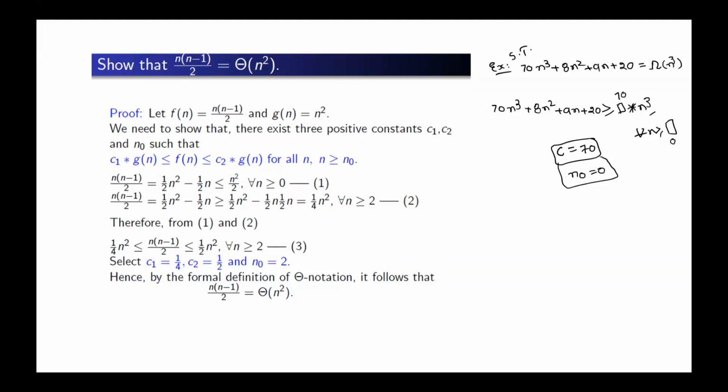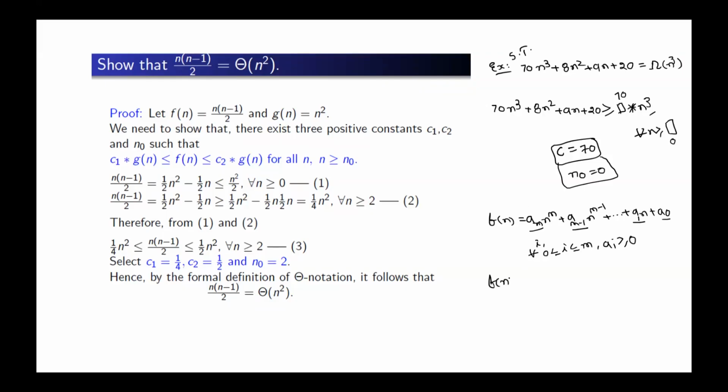What I'm saying is, if f of n is something like a m n power m plus a m minus 1 n power m minus 1 plus and so on plus a1 into n plus a naught, where for all i, 0 less than or equal to i less than or equal to m, ai is greater than or equal to 0, that means all coefficients are positive, then what can we say?